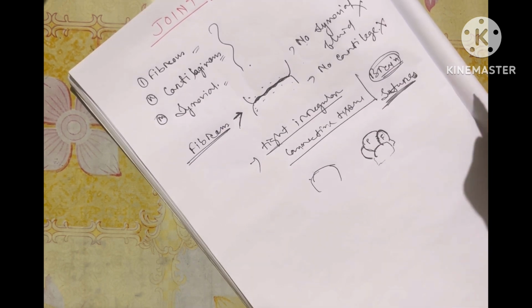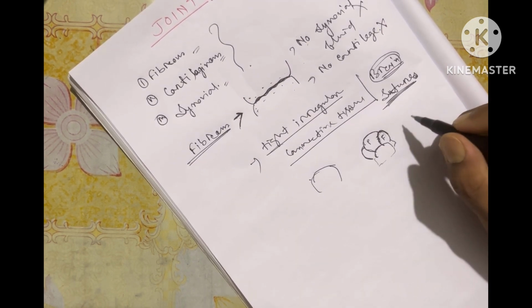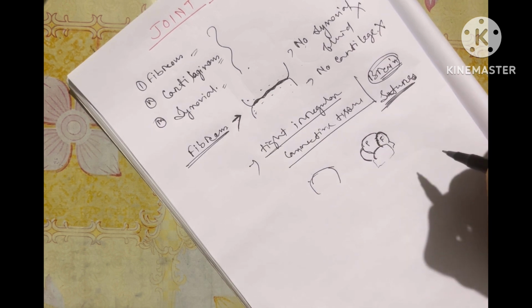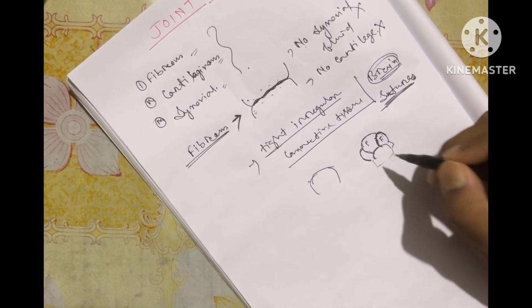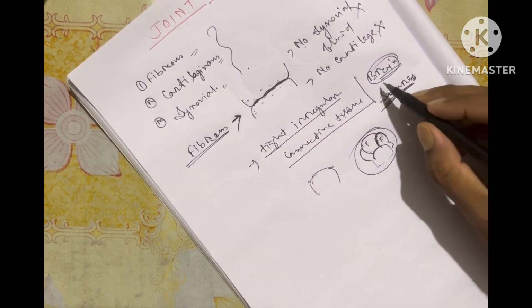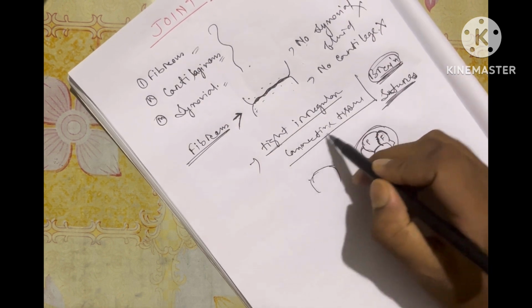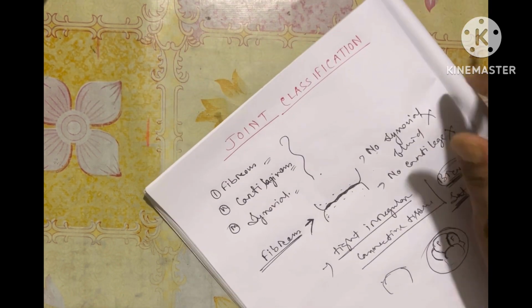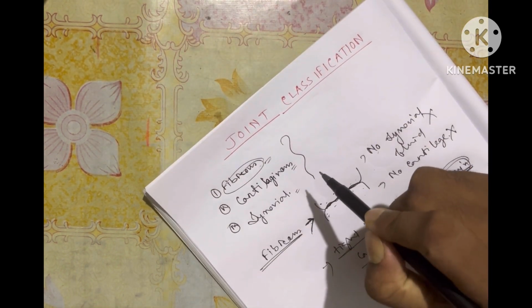So sutures are mostly found in our skull, and our skull joints are made up of this kind of fibrous joint.